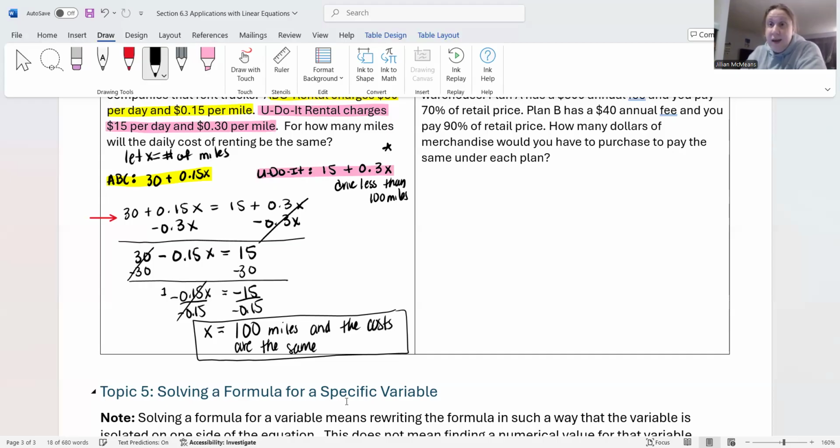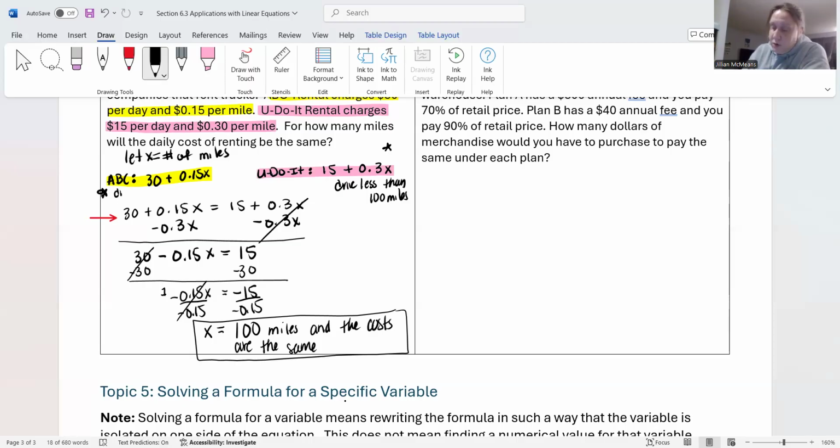Okay. Now let's say you're doing a long haul move. You're moving from Asheville to San Antonio, Texas. You're going to be driving way more than 100 miles. You're going to benefit over here with the ABC rental. Even though the daily cost is higher, because you're driving so many miles, you're going to benefit from the lower cost per mile.